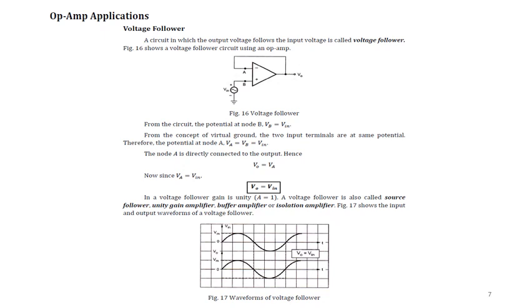The two input terminals are at same potential, therefore the potential at node A is same as the potential at node B. That is VA is equal to VB is equal to Vin. The node A is directly connected to output, hence V0 is equal to Vin.